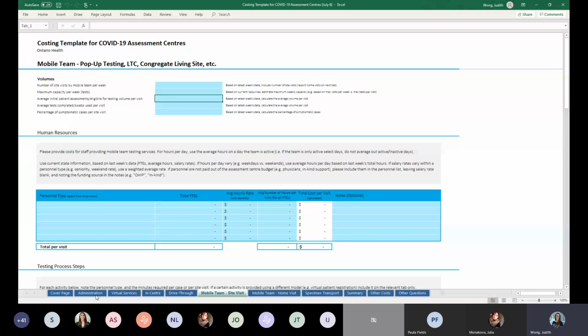And if your region has multiple sites offered by family health teams or community health centers, I would encourage you to work with those sites as well to put together a submission if that's what is most applicable to your region.